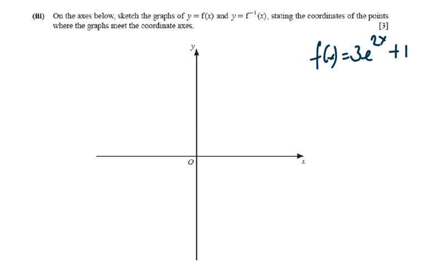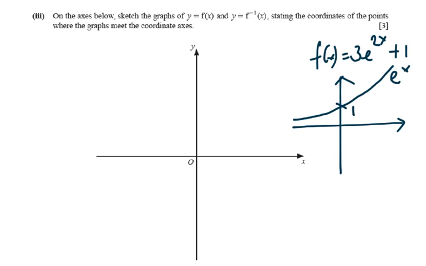You have learned about the exponential graph, where it is a curve like this which always intersects at 1. This is exponential of x. Since in this case you have a coefficient of 3, this intersection at 1 will become times 3. So it will be 3.